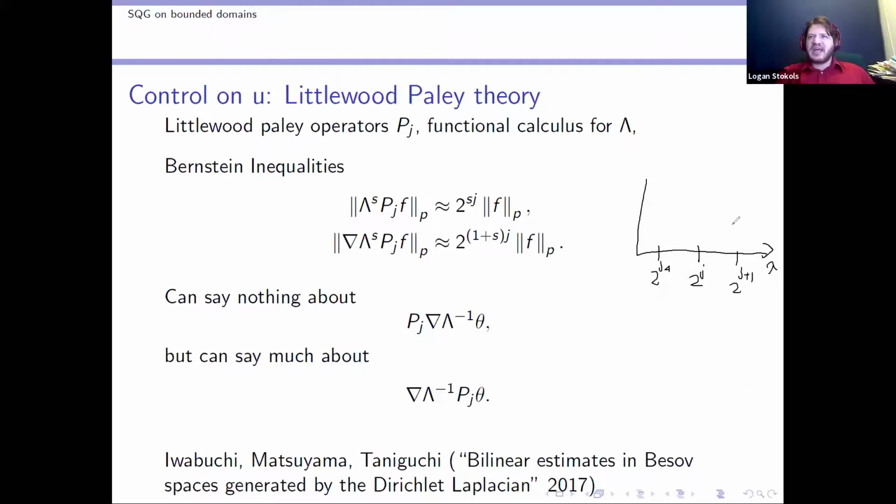So you get this dyadic interval, and you smoothly cut off, so you're only looking at the frequencies, the lambda sub whatever, that are between 2 to the j minus 1 and 2 to the j plus 1.